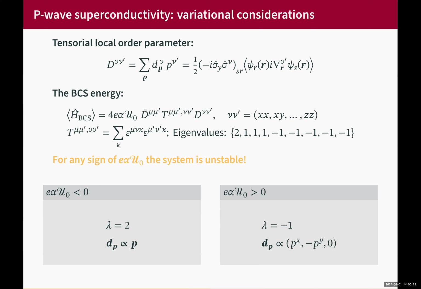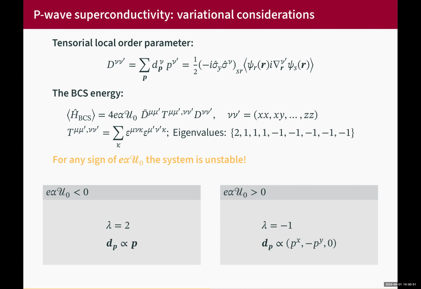The order parameter that describes this p-wave state is naturally introduced like this in terms of these anomalous averages. And then the BCS energy can be written as a bilinear in momentum form, or in terms of this tensorial order parameter. And the matrix of this form has an asymmetric spectrum.